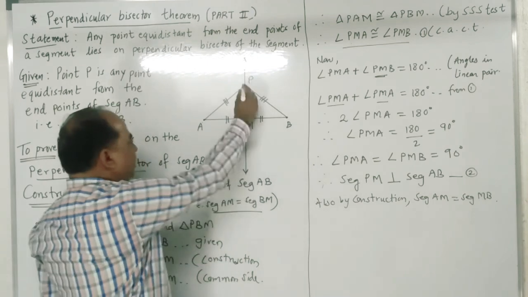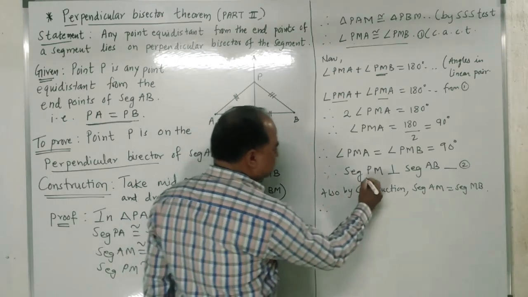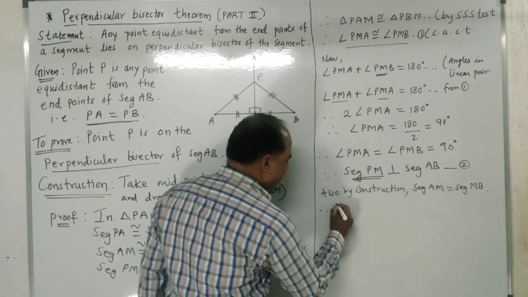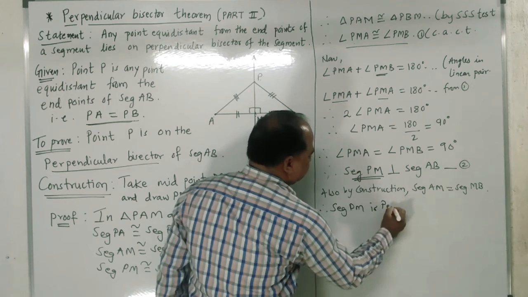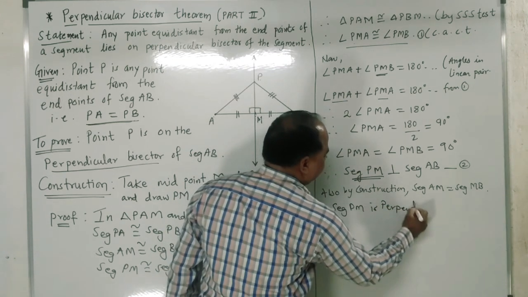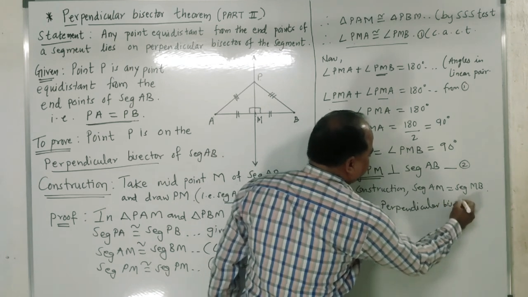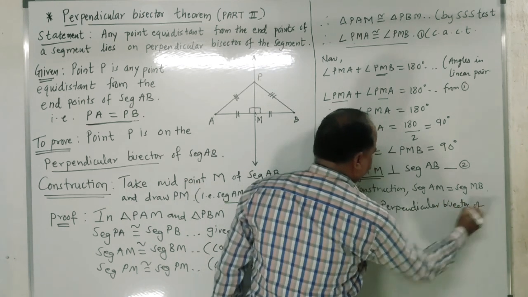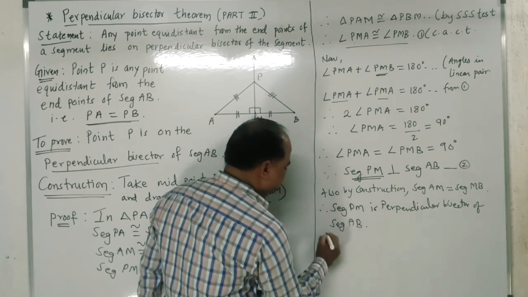Now PM is perpendicular and M is the midpoint. Therefore segment PM is the perpendicular bisector of segment AB.